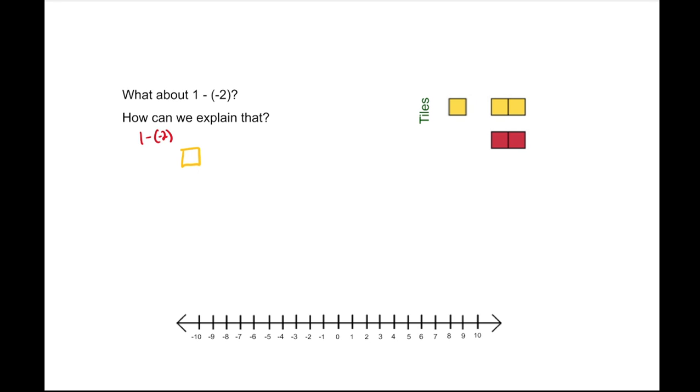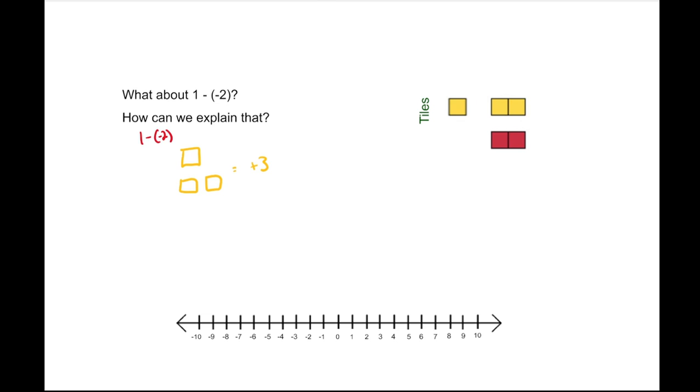So if someone said don't not come to school, they're basically saying come to school, just in a very convoluted way. So if we do the opposite of what it's telling us, if it's doing the opposite of subtracting negative 2, then maybe that would mean add positive 2, which in this case would equal positive 3.